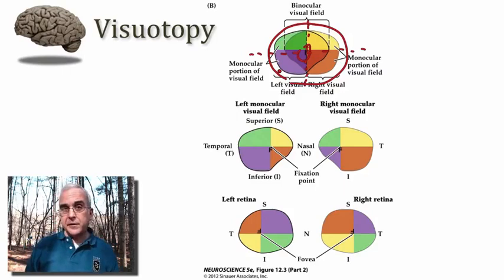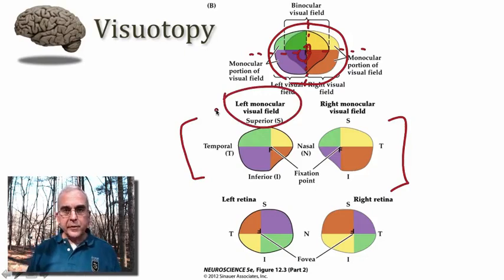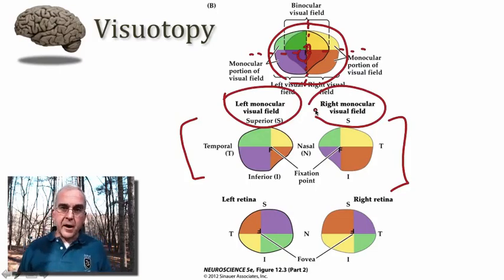And then that space is represented separately in the kinds of visual field charts that we see in the middle of this figure. On the left-hand side, this is the left monocular visual field, or the amount of visual space that the left eye sees. And on the right, we can plot out the visual space that the right eye sees.